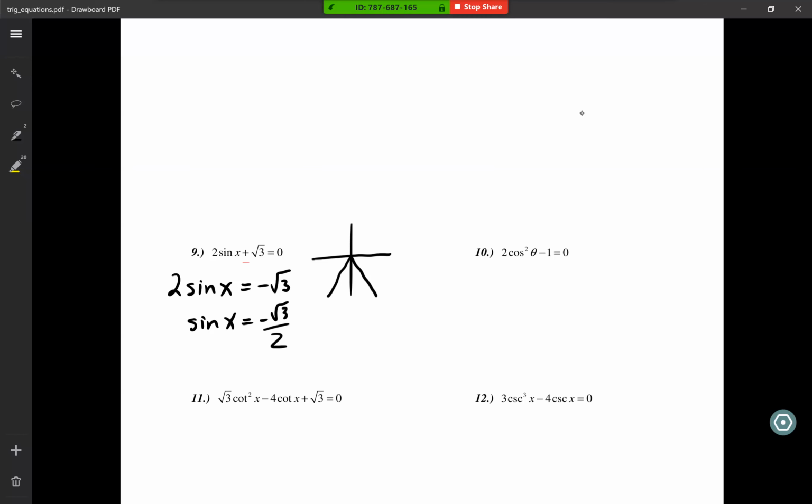Okay, I see square root of 3 over 2 is the value that I'm interested in. Now, if I'm ignoring the negative sign, what angle do you know gives you a sine that's equal to root 3 over 2? What's one angle that you absolutely know for a fact gives you a sine value that's equal to root 3 over 2?